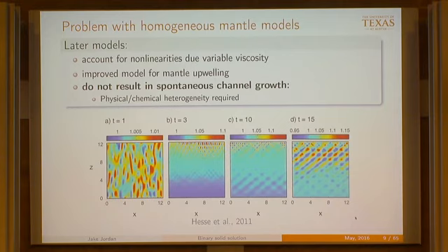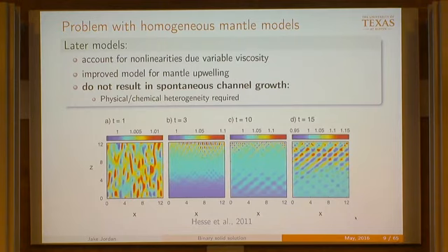So later models kept improving the description of the problem. They were accounting for nonlinearities due to variable viscosity in the solids. There are improved models for the uplifting of the mantle, and a lot of these models, in fact nearly all of them, don't result in spontaneous channelization like some of the simpler, earlier homogeneous mantle gradient pyroxene reaction models did that I showed earlier.